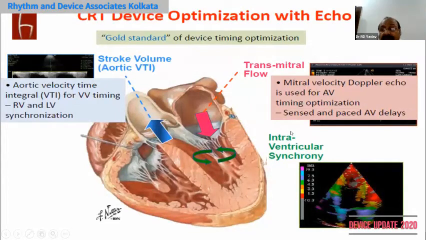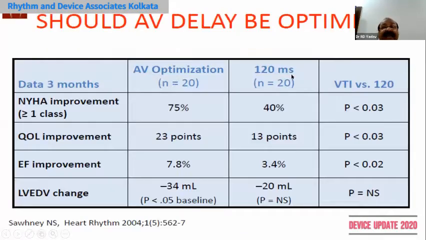I told you I will show many things here. As you see, AV optimization versus standard 120 millisecond AV interval, in the AV optimization patients, the New York Heart Association class improvement is better, quality of life is better, ejection fraction improvement is better.